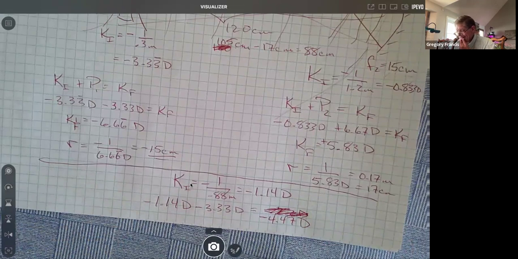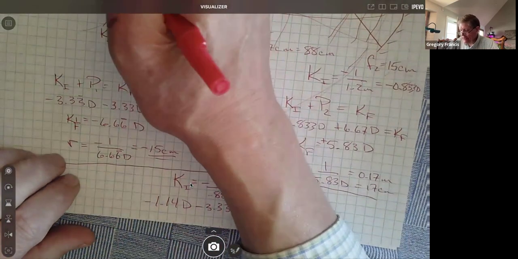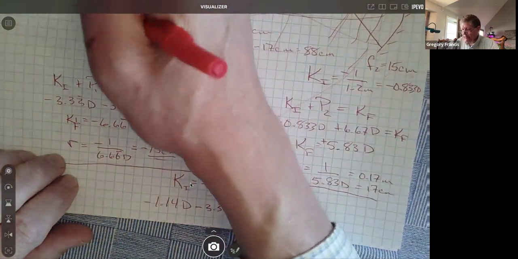Okay, well, that's interesting. So when it comes out the other side, it's still going to be diverging.